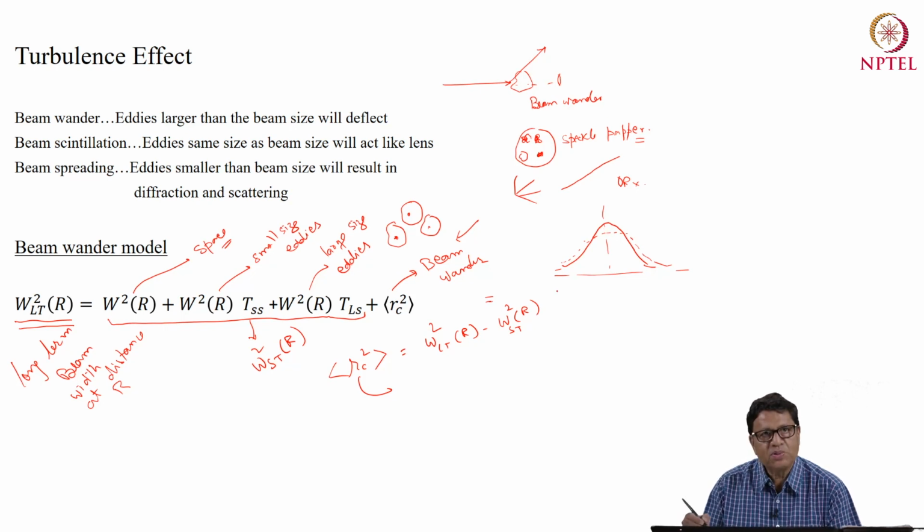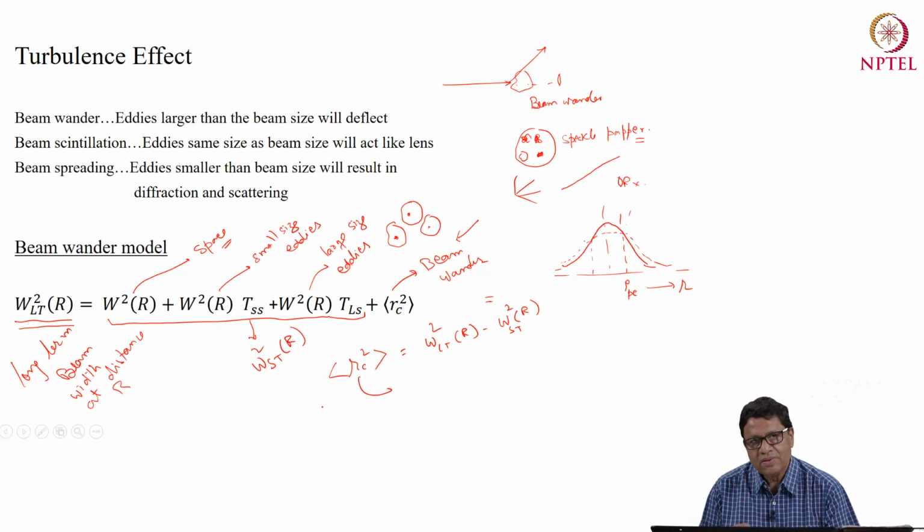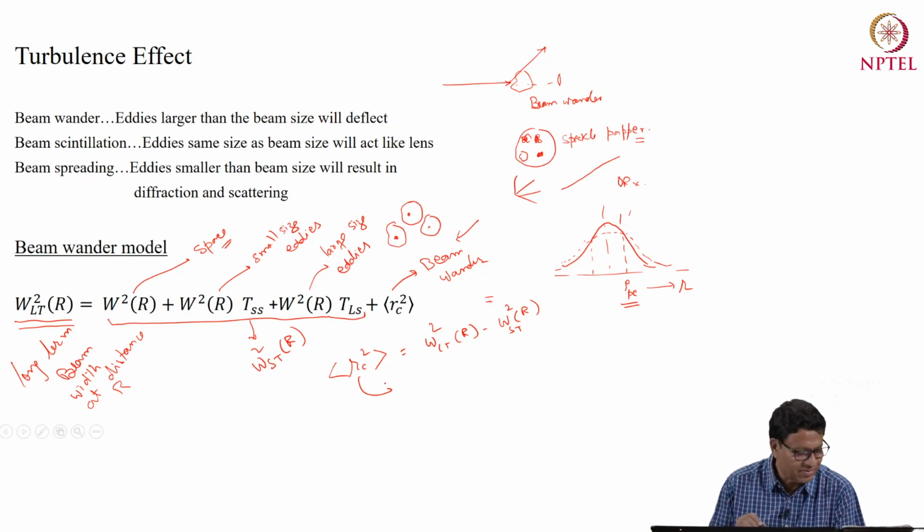So it has introduced some sort of pointing error in the system, which can be defined as rho PE, the pointing error. Because the beam has flattened, you have less power across this whole width. So effectively, the system has a pointing error introduced because of the turbulence effect. This is the effect which the beam wander will have.